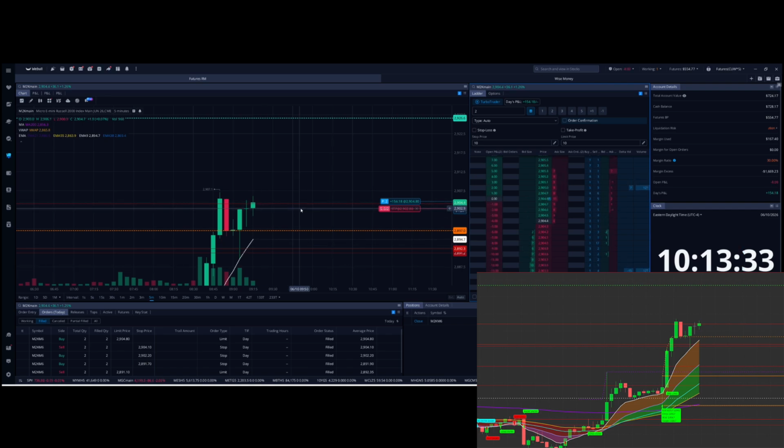Our stop is right under this candle. Right at the ass of it. If it goes down and goes the other way like that, it's gonna get me out. Don't you fucking you, motherfucker.